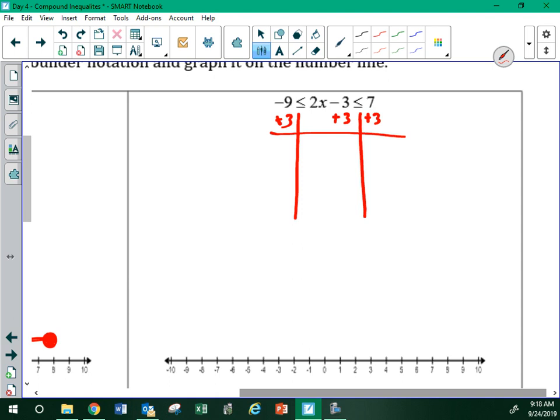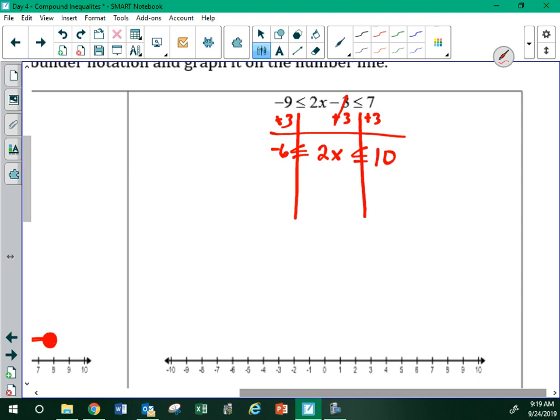So negative 9 plus 3 is negative 6. Still have my inequality sign. Those cancel. I still have 2x. Still have our inequality sign. 7 plus 3 is 10. Are we done here? No.